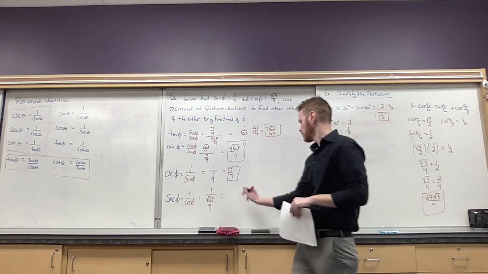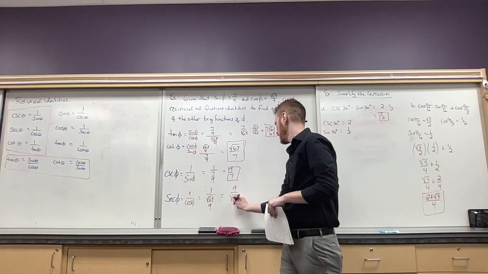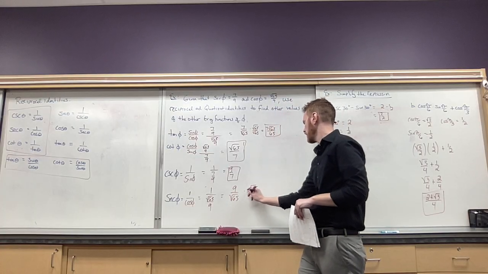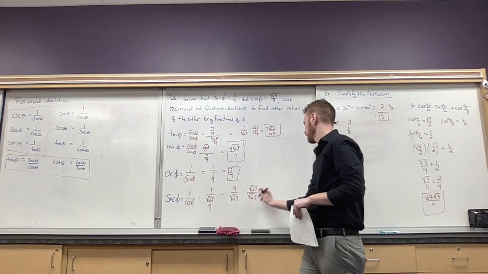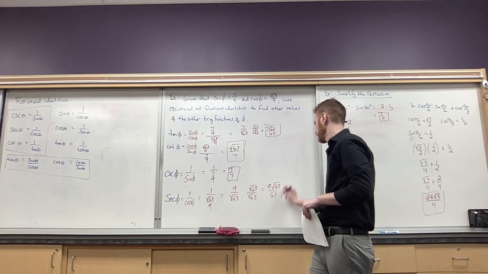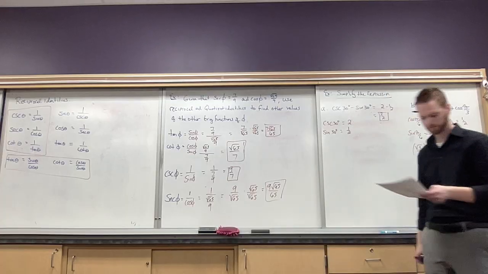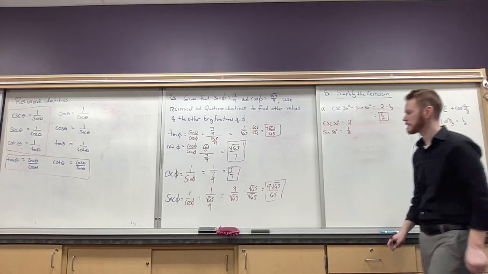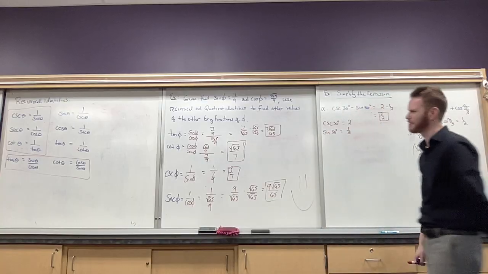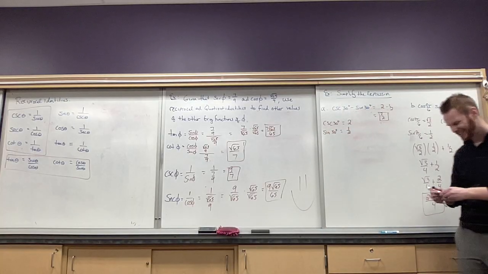That's going to be 9 over square root of 65. We're going to have to rationalize it because we don't want to have that in the denominator. And we get 9 square root of 65 over 65. There we go. There's the end of part 1.